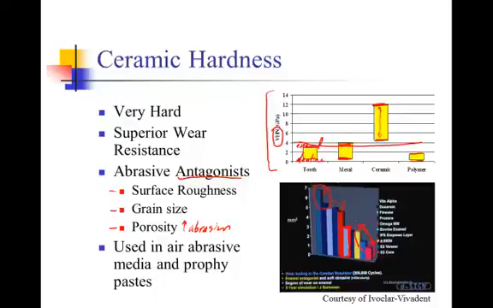We'll talk more about that at the end of the ceramic section of the course when we talk about processing methods, why some of those materials end up more porous than other ceramic materials. But for now, understand that it's not the hardness, but the presence of the pores in combination with the hardness that wears away opposing natural dentition.